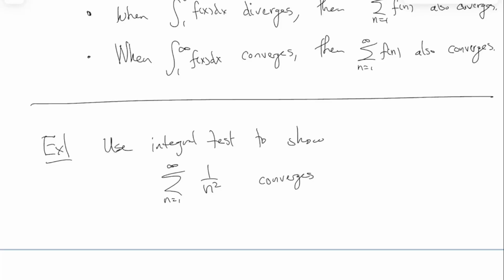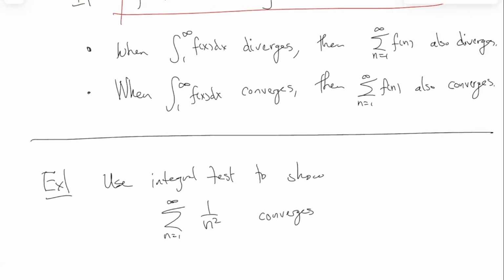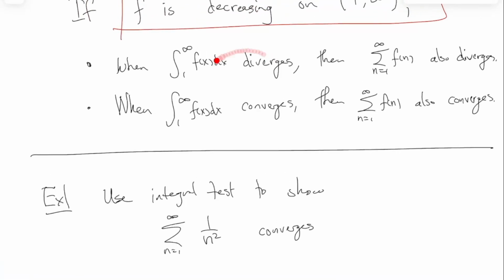The idea is we just convert this into one of these integrals, just like you can see on the top there. If the integral diverges, that means the series diverges. If the integral converges, that means the series converges. So you change it into an integral, and then that will tell you whether or not the original series converges. So notice the way you build the integral.